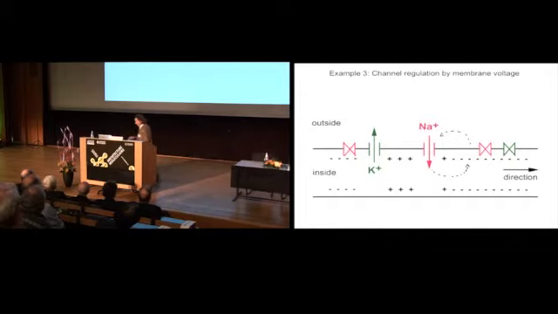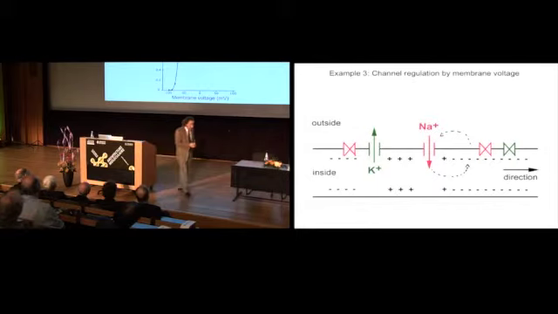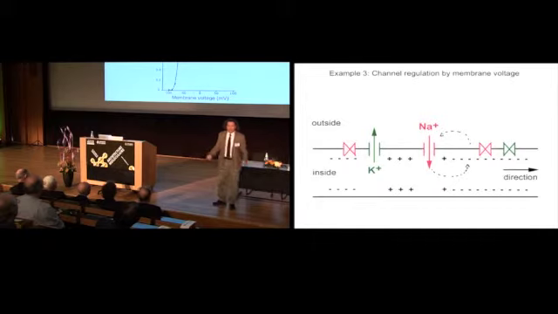Why does that happen? The basic idea is this. You can understand it in a cartoon. Imagine you have a channel just like the ones we've been looking at. Say it's a potassium channel, but in this case, it's going to be a voltage-dependent potassium channel. So what it has is some extra structures on it that we call voltage sensors, with a particular architecture that are going to give the channel this property of reading the voltage.